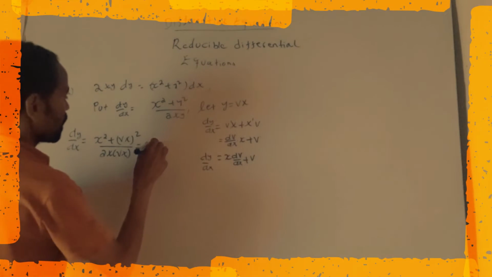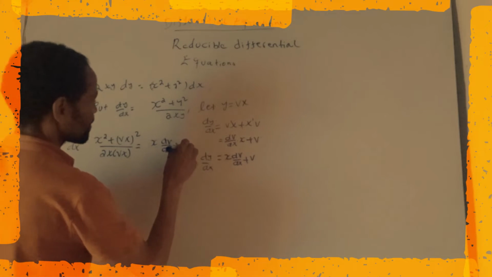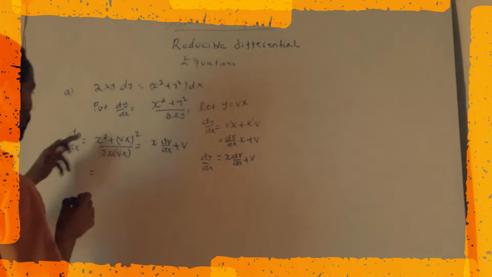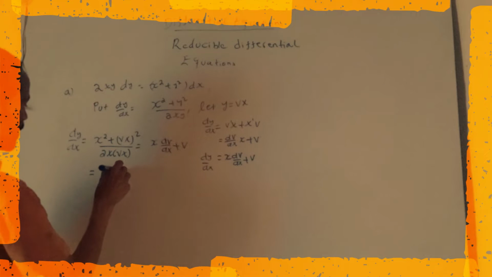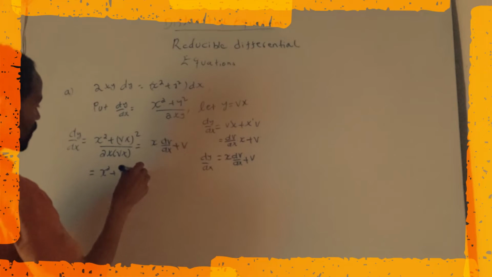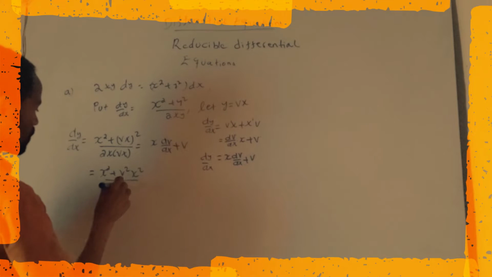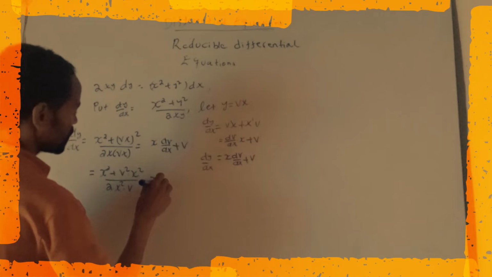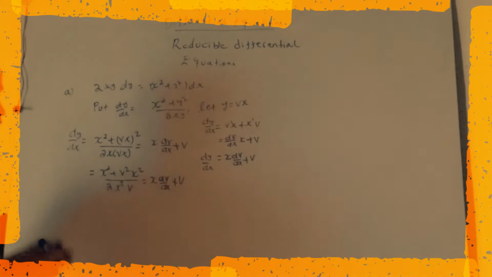That is x dv over dx plus v equals x squared plus v squared x squared over 2x squared v.